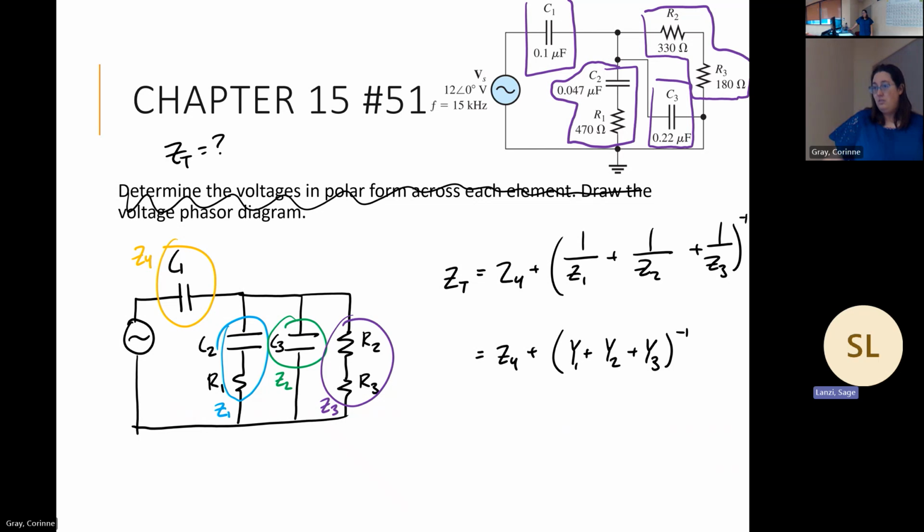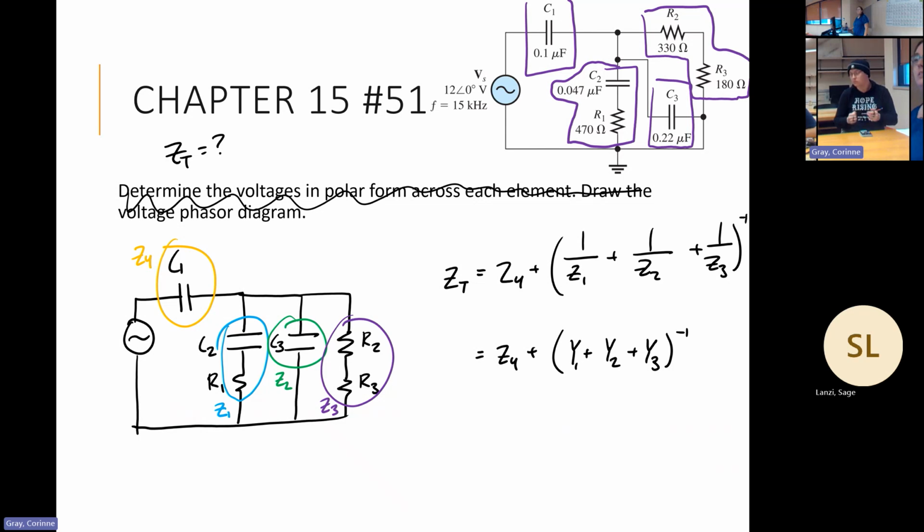Questions? If you don't like Y, you can keep it in Z. Yes. So for Z2, 3, and 4, they don't have the other respective parts. It works because they're in series.